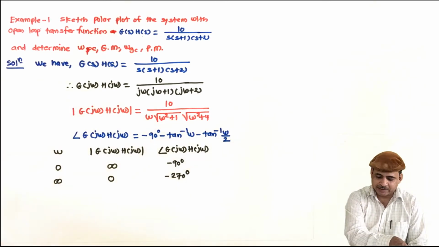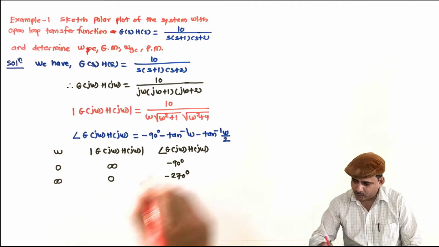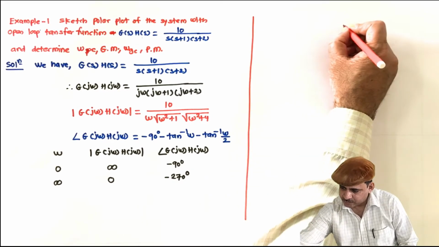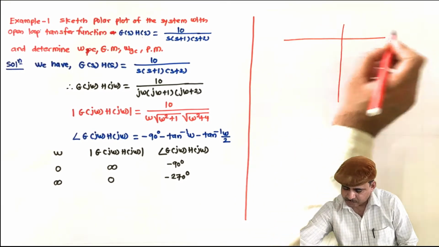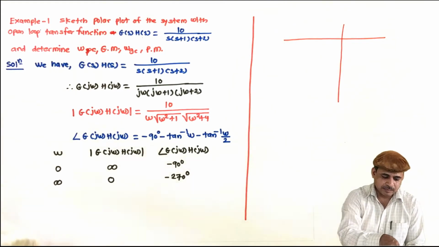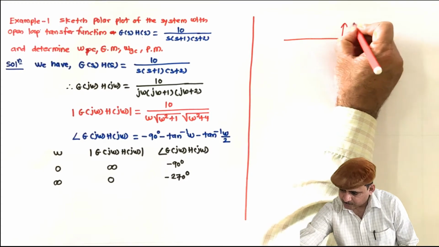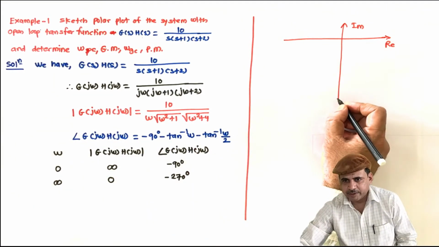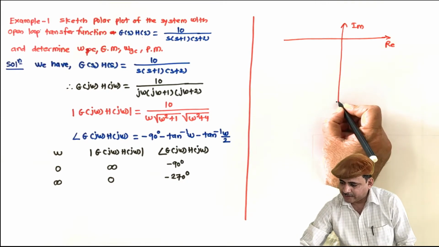So, from the gathered information, the polar plot can be obtained as follows. Infinity we cannot draw, but let us consider this as infinity, and angle is minus 90.